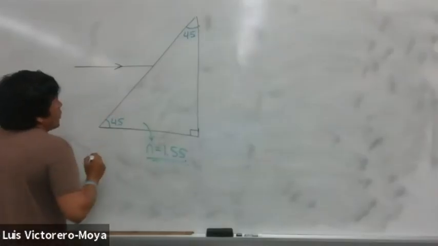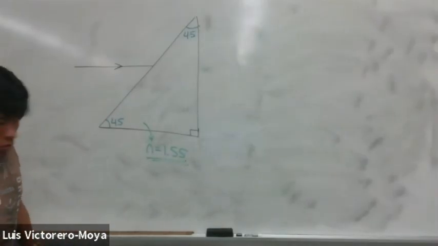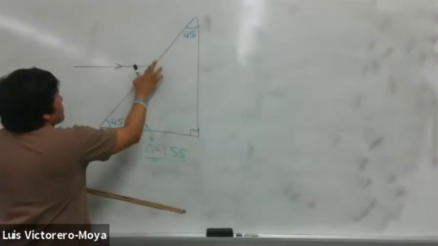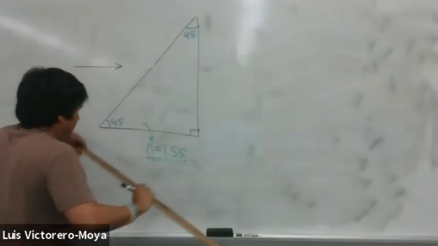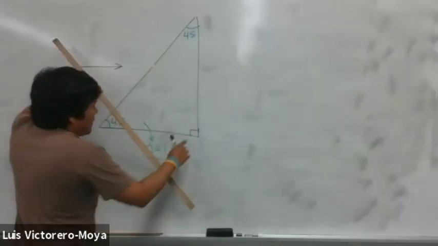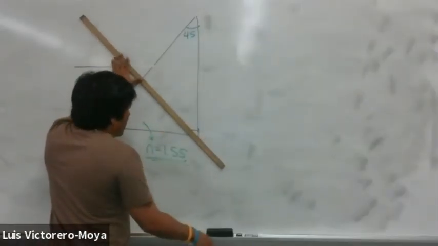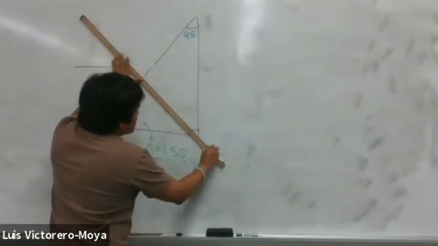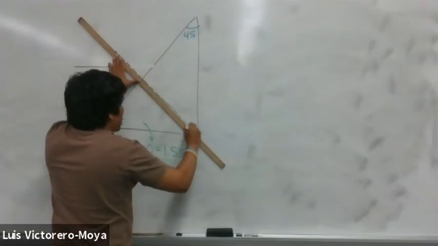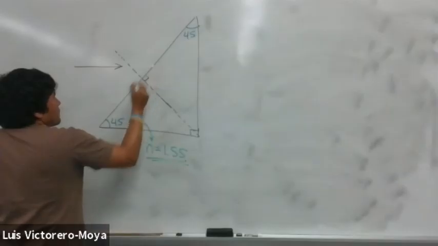Now, when you want to refract, you want to have your normal. The normal for a 45-45 prism, and let's see if you remember this from geometry, has to go through the vertex. So your normal has to be this.